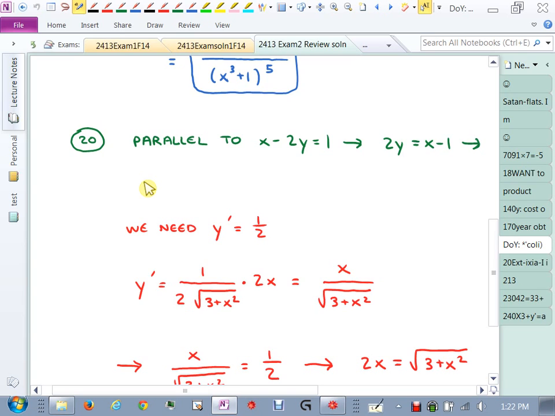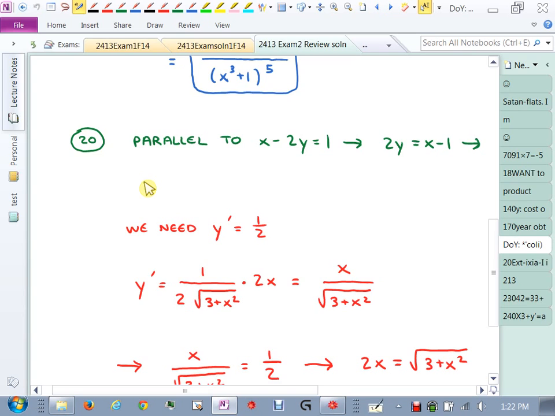I want to know where on this curve the slope of the tangent line is parallel to this line. Make sense visually? So I need to know the slope of that line.